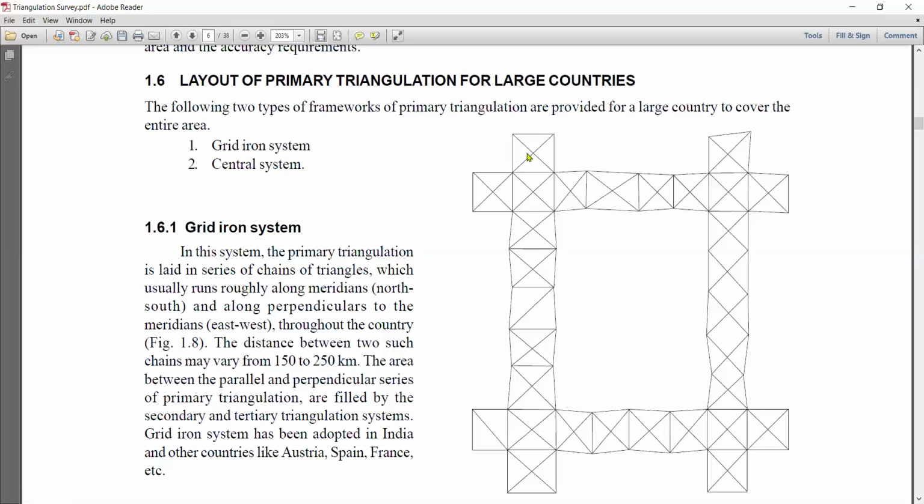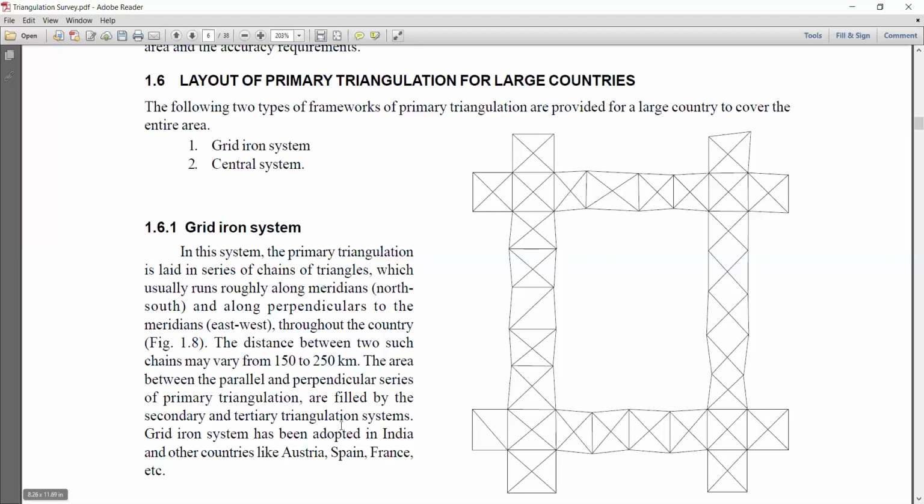These are the series. In this series, not only the primary triangulation system, you can go with the secondary and tertiary triangulation systems, where the lengths of the baselines may differ, and the lengths of the sides may differ, and by making a triangle system, you can do this work.